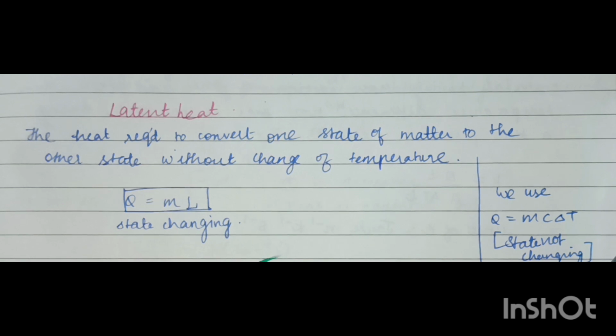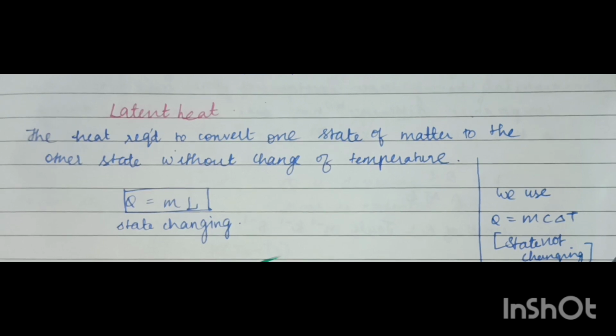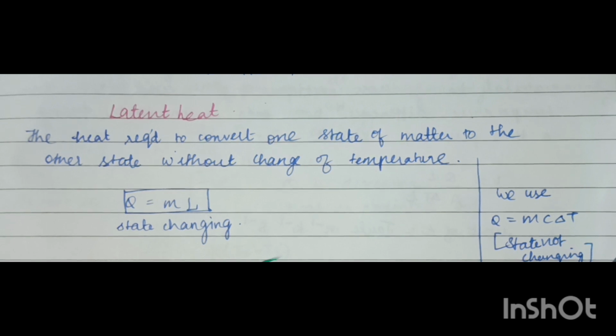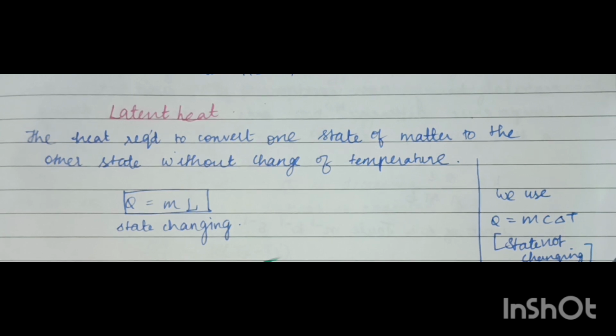And now we have to know one more thing. We have already seen Q equals MC delta T, and now we are seeing Q equals ML. So we should know at which point we have to use which formula. Q equals MC delta T is only for temperature change, and there is no change of state in that formula.